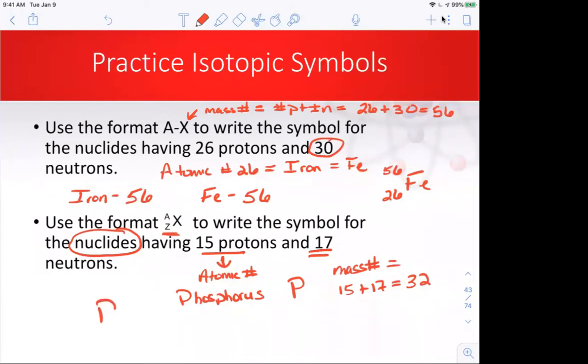So I have phosphorus, atomic number here, mass number there. I could also call this phosphorus-32. Those are all indications of the isotope that I'm looking at.